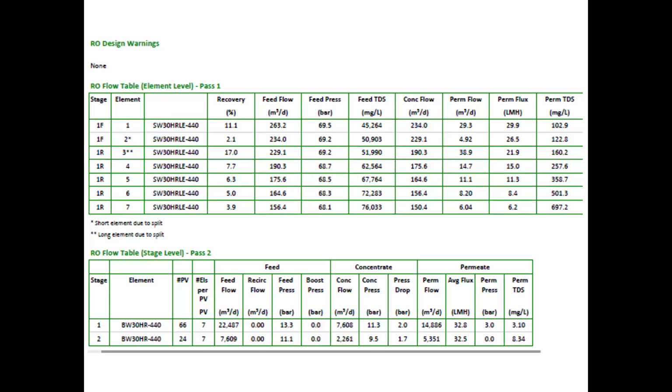If you have more capacity, you have more elements, more pressure vessels, more stages, so you have more design warnings. But if you have less, like 10 pressure vessels, then you can guess and you can design. If you have too many vessels, design warnings keep coming out.